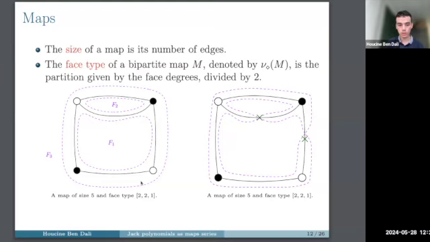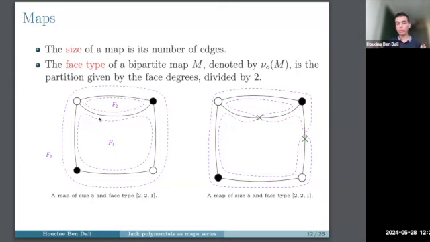So in the first example here, we have an orientable map which has 3 faces, and we can assign to each one of these faces a degree, which is obtained by taking the number of edges divided by 2. So for example, here we have a face of degree 4, and since the map is bipartite, its degree is always even, so we can divide it by 2.